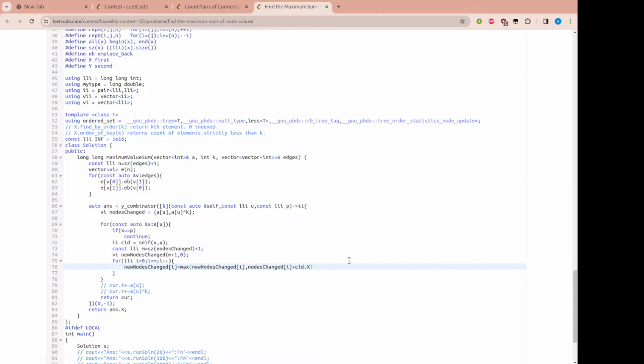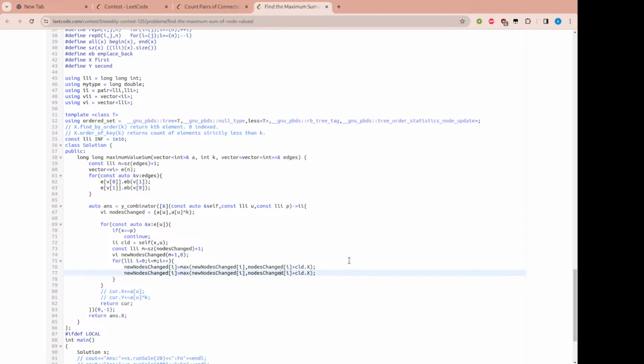Plus odd number of nodes have changed from the child. Like, let's just denote vi as well. Let's just remove pair for now.